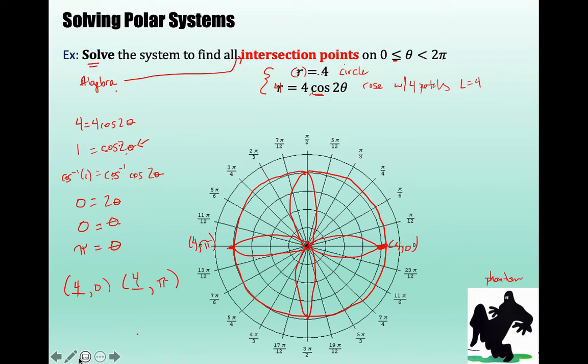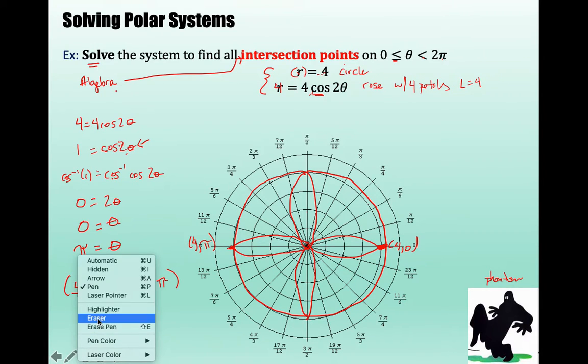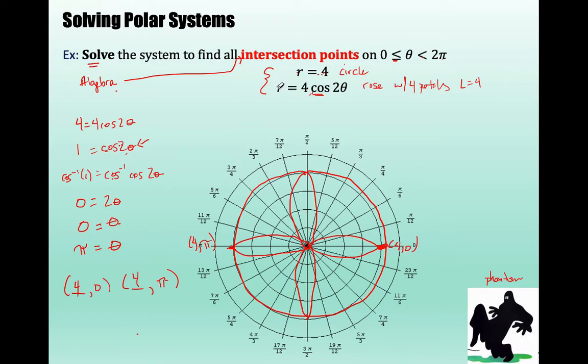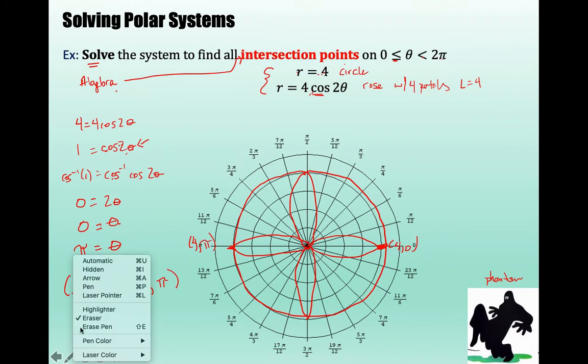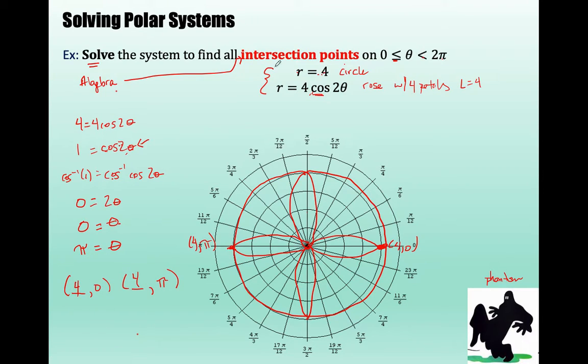And just to verify, let's look at what happens when we plug those points into my system, just to check, right? If I check my answer, well, certainly there's no theta to plug in here, and I get 4 both times. So check, check. But what happens when I plug 0 into here?